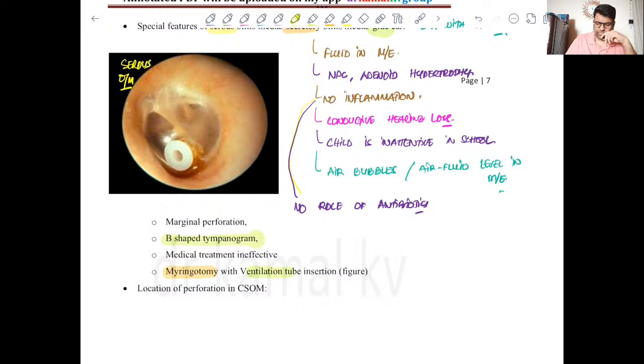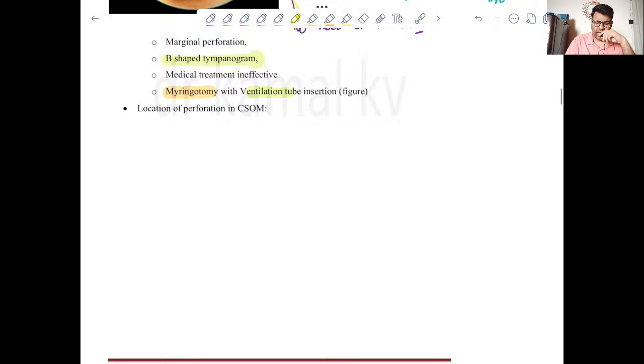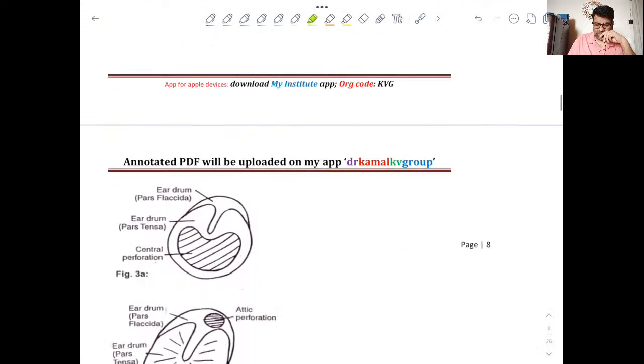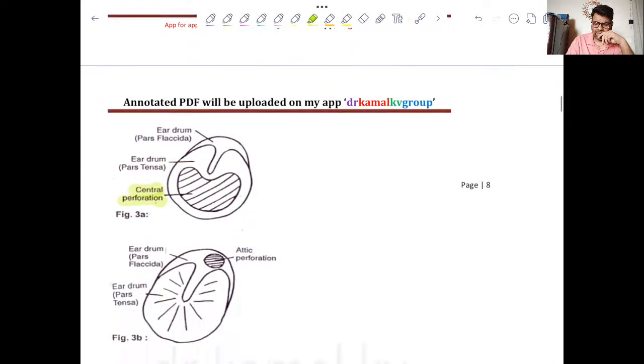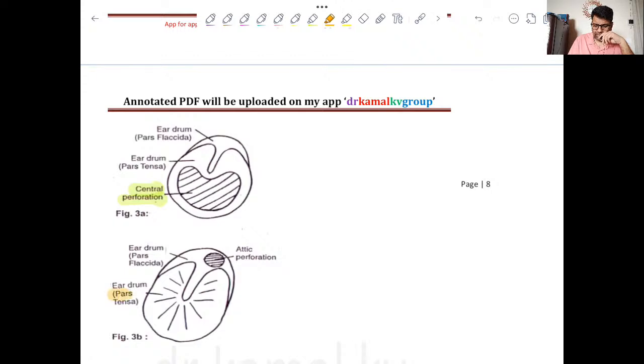Then acute suppurative otitis media can go into chronic suppurative otitis media, and here we have two varieties depending on the location of perforation. It is either safe variety, which is having central perforation, and the other is unsafe, which is having attic or marginal perforation, right?